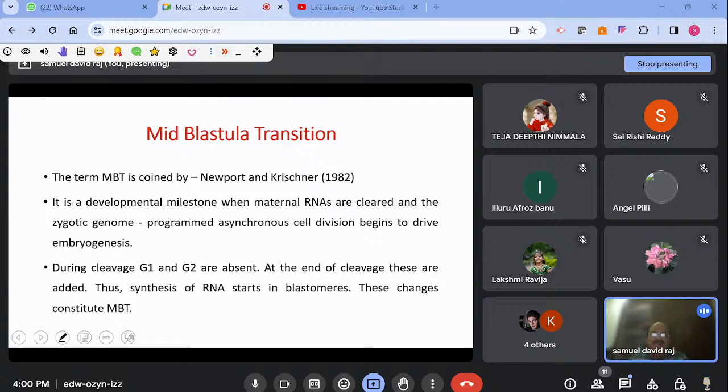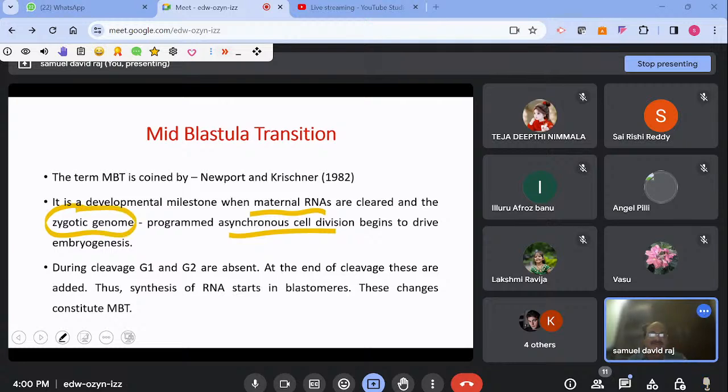And this transition where G1 and G2 are added and RNA synthesis starts, protein synthesis starts in blastomeres, is called mid-blastular transition. And during this, what happens? All the maternal RNA are said to be cleared. Only the asynchronous cell division, which is programmed by the zygote.